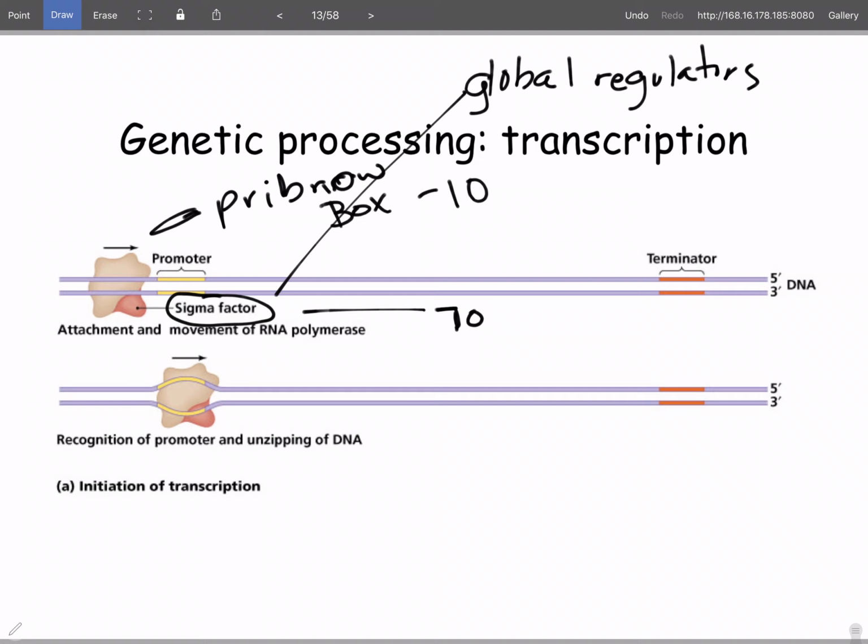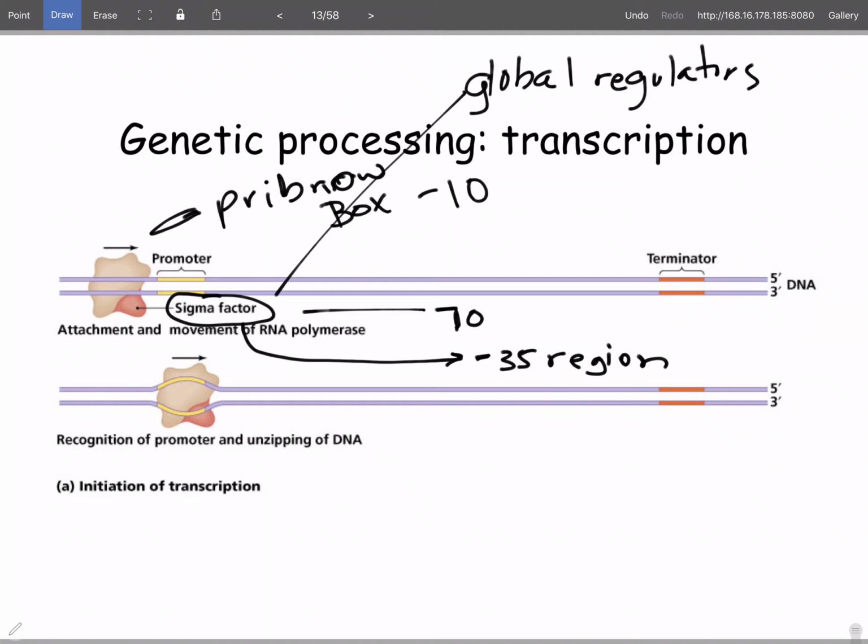So now the sigma factor, what does it do? It binds to a particular region upstream of that gene that's called the minus 35 region. So the minus 35 is upstream of the minus 10, and it helps direct RNA polymerase to that promoter sequence.